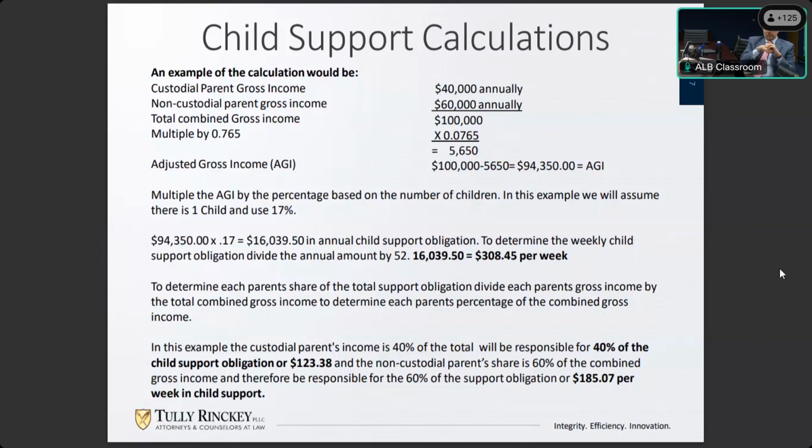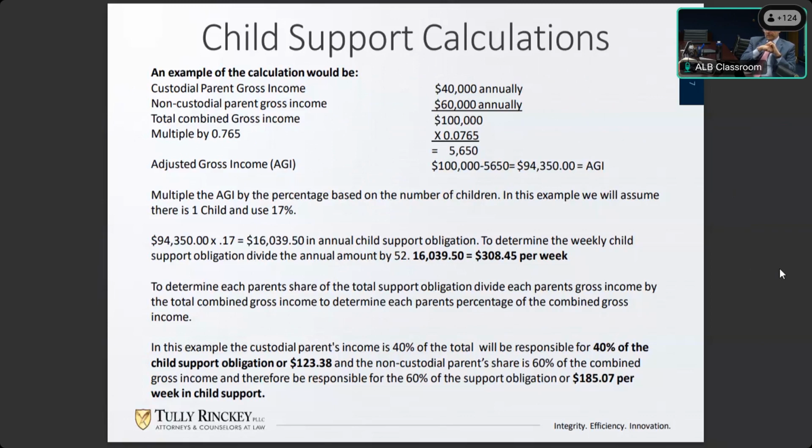Then what we have to do, how do we figure out what portion of the child support has to be paid by what party? First off, we would have to divide each parent's AGI income into the total amount of combined adjusted income.